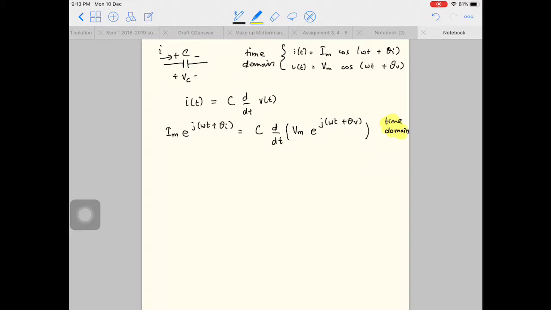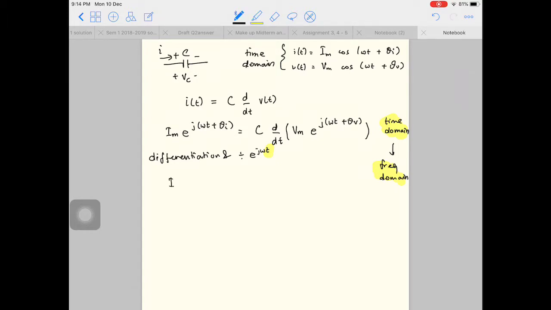So if we want to leave the time domain and enter the frequency domain, we can do the differentiation and divide by e^(j omega t), so that we cancel the t there.